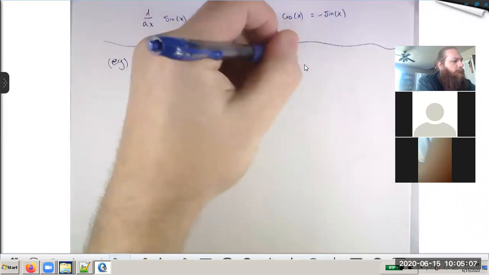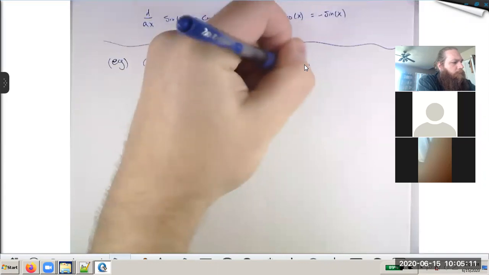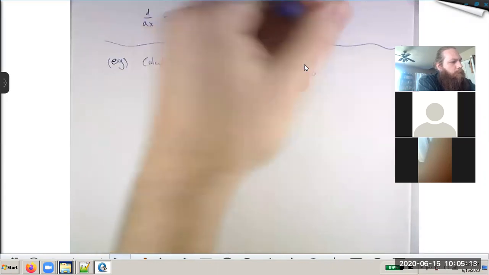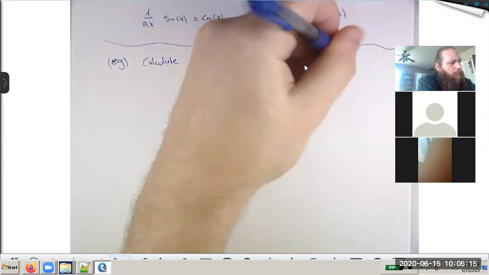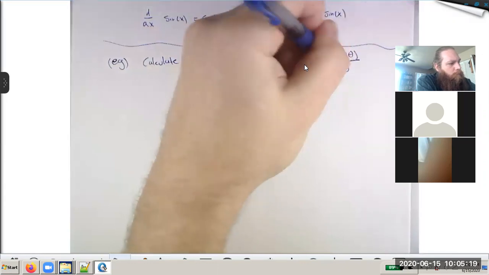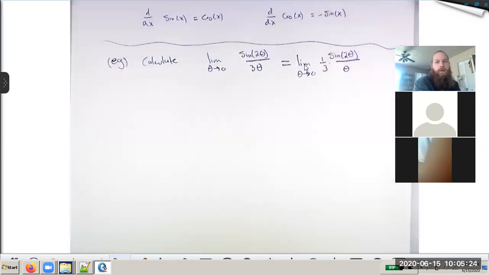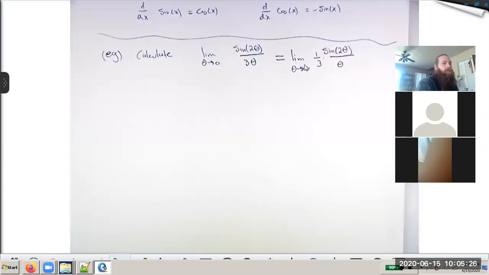Before I do that, though, this 3 downstairs actually can come out. So I'll do this in a couple steps to make sure everybody can see where it's going. Okay, do you agree that having a 3 downstairs is the same as having a factor of 1/3 out front?